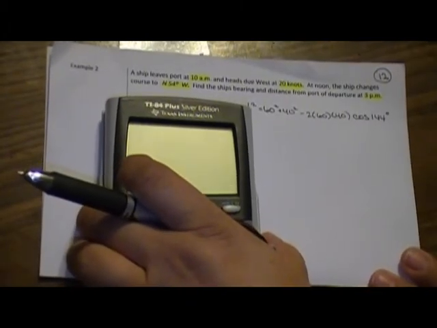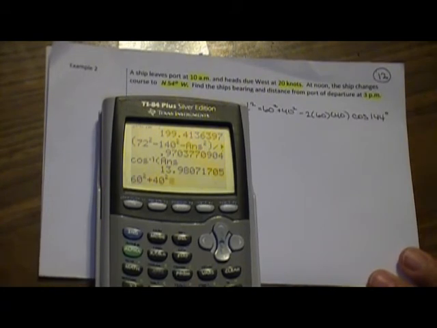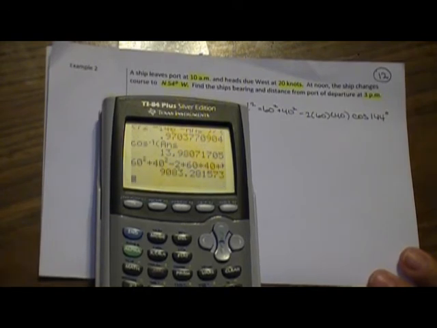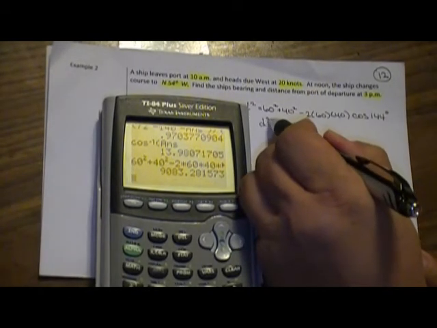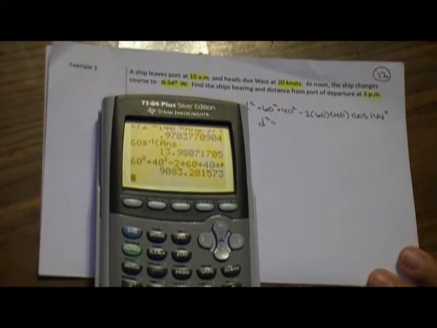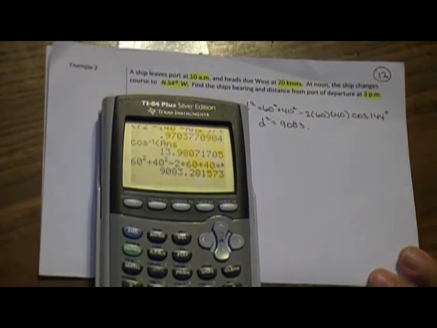Using our calculator, we have 60 squared plus 40 squared minus 2 times 60 times 40 times the cosine of 144 degrees. That gives me d squared equal to 9,083.2816.